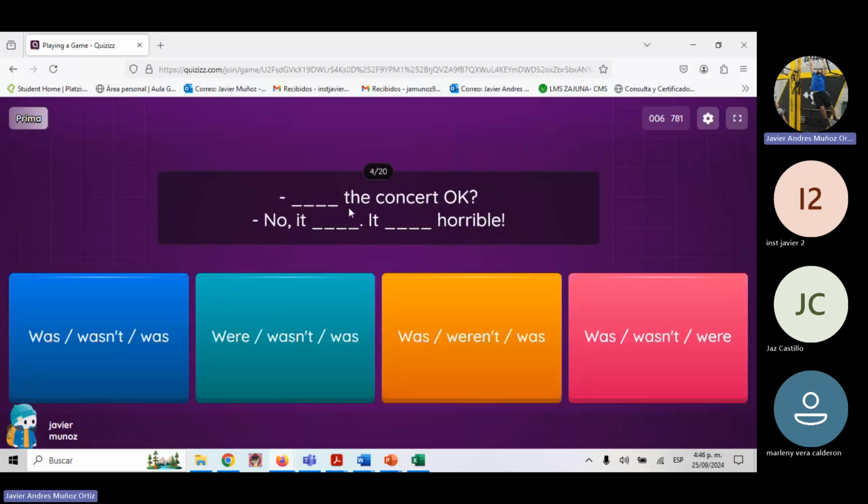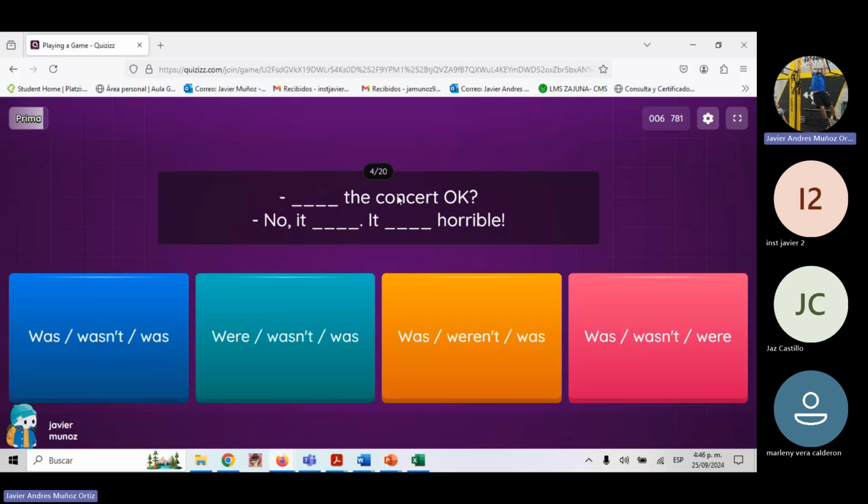Okay, next. The concert, okay? No, horrible. So this is a question about the concert, a singular noun, it. Therefore, we need to use was. We have three possibilities, right? Let's go with a sentence, the answer. No, it horrible. Because we are still talking about the concert, everything must be related to the same subject.